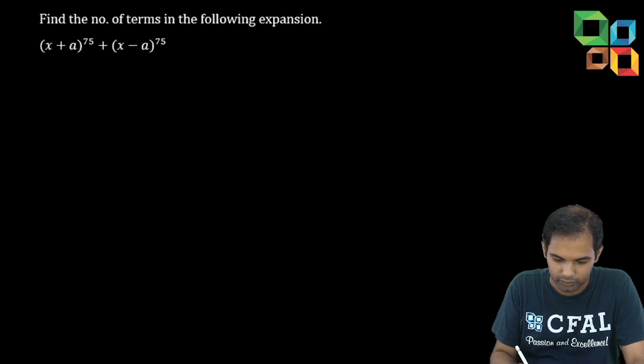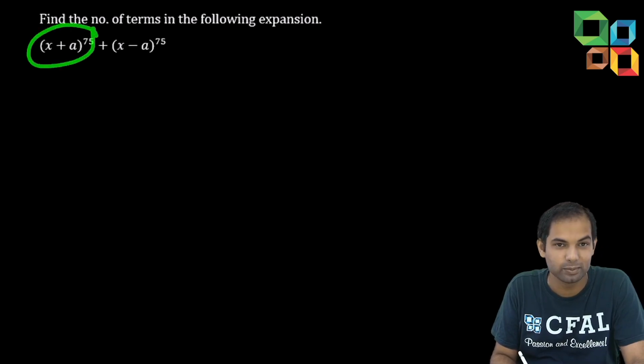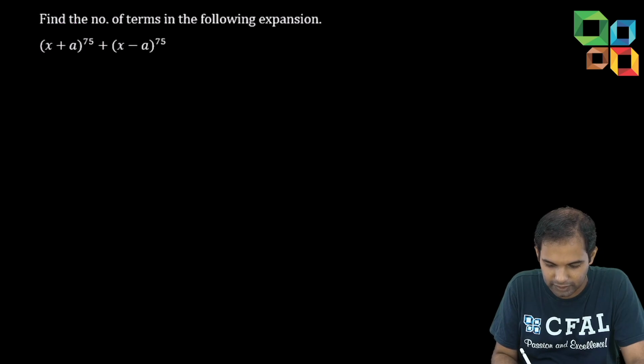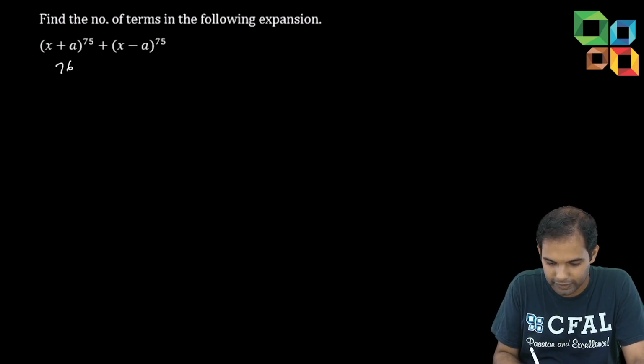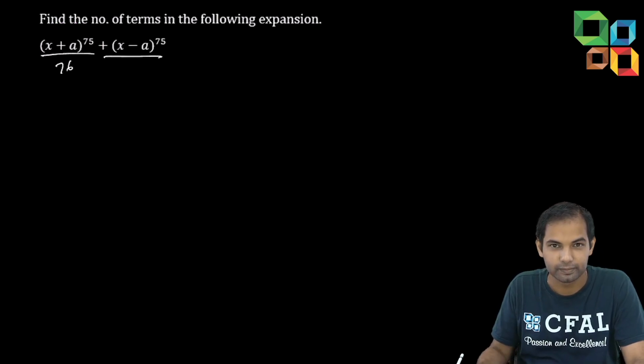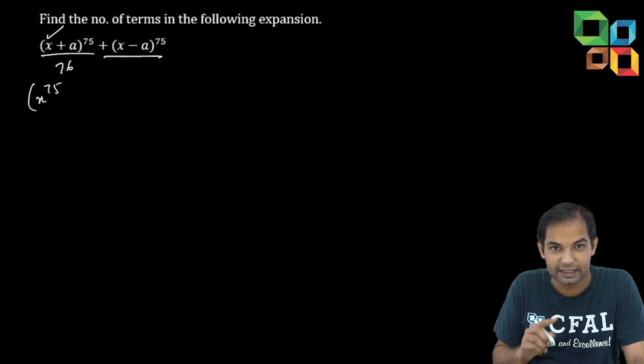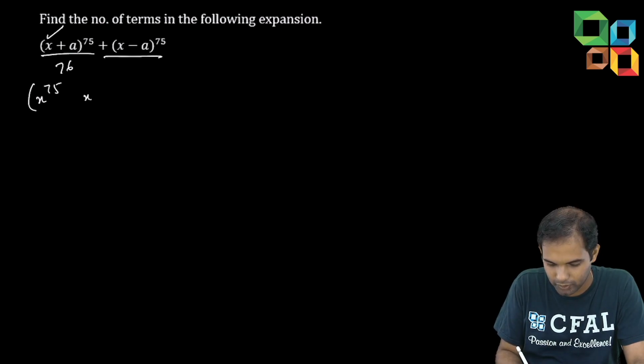Now, if I ask you only this expansion, (x + a)^75, you know that there are 76 terms. It's easy. Now you have to figure out in the sum how many terms are there. See, it's x power 75, so let me start with x power 75. Next term is an even power, so x power 74 into a.